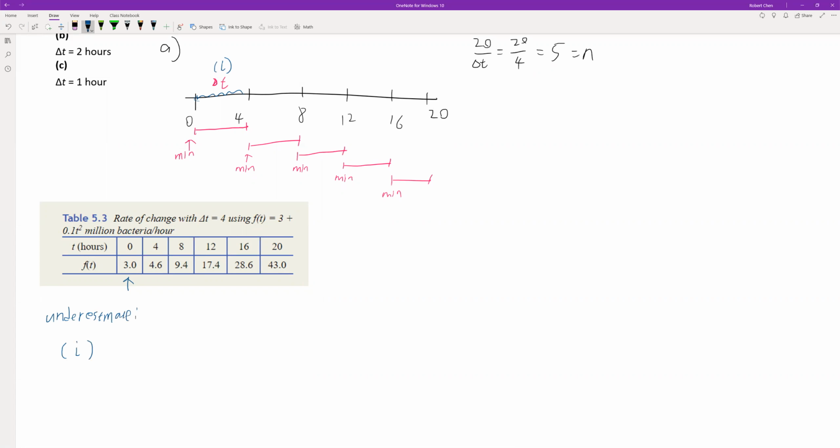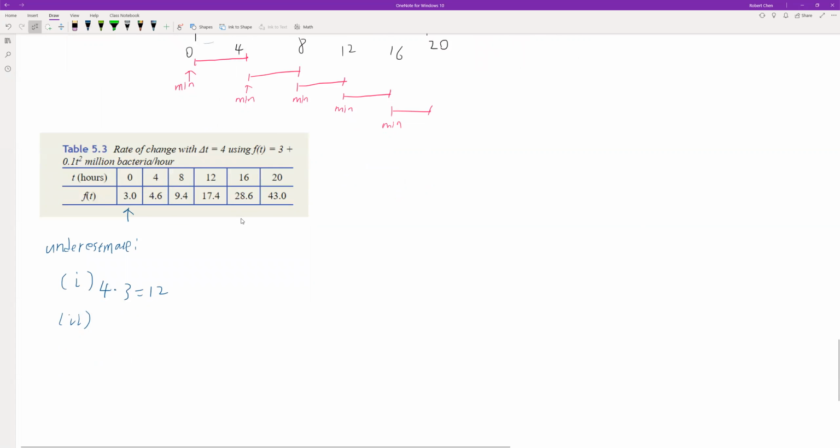It's a 4-hour interval, so we can do 4 multiplied by the minimum amount of bacteria between 0 and 4 hours, which is at 0, which is 3. So 4 times 3, which is 12. And then we do that for the second one, between hour 4 and hour 8.